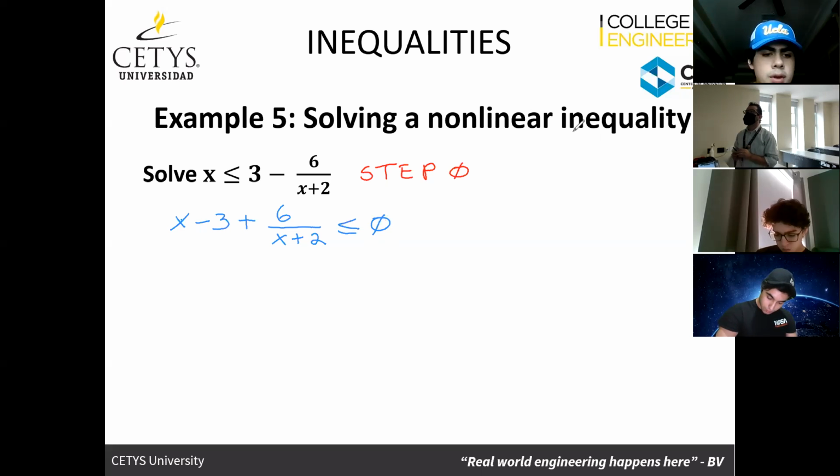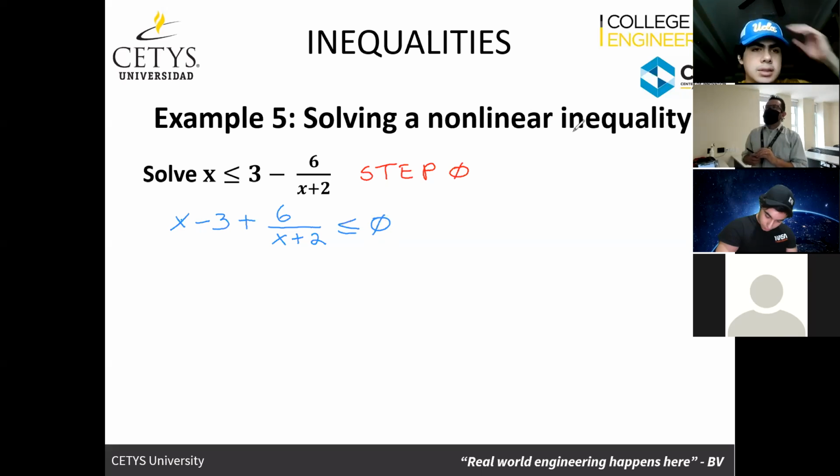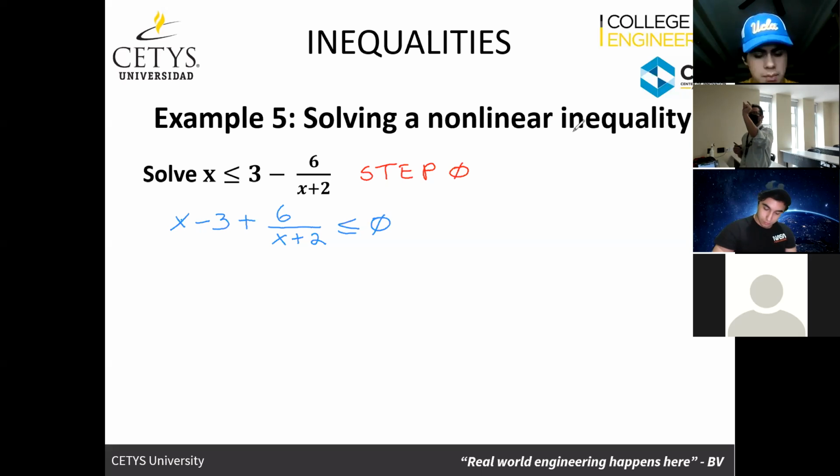Jesus, please go ahead. Will the answer change if I did the opposite? I just subtracted X to the other side. That's a good observation. No, as long as you are careful about which way the inequality is facing. So what Jesus is saying, I'm going to write it on the other side.